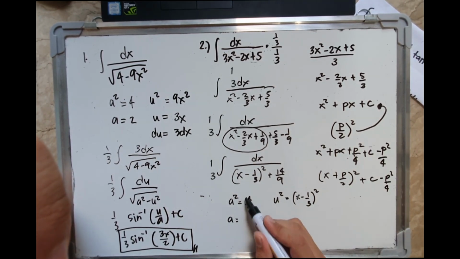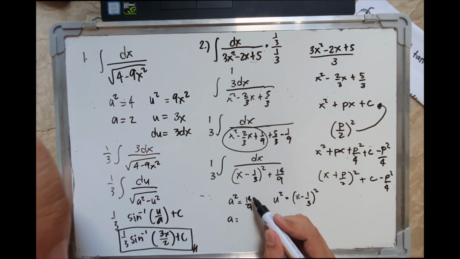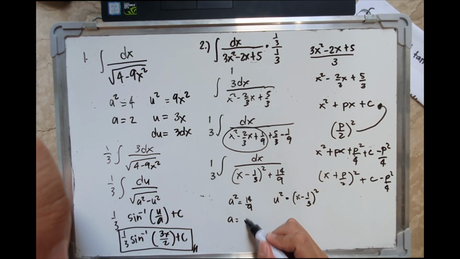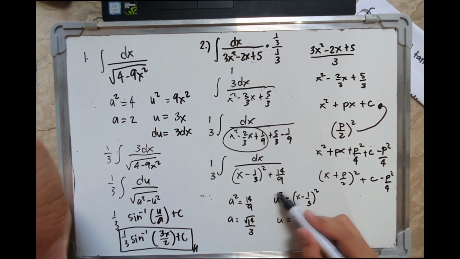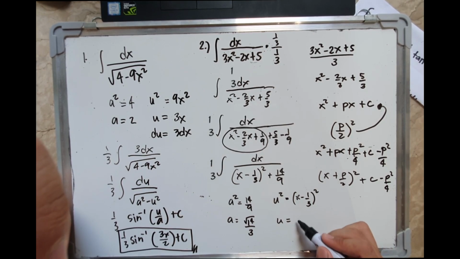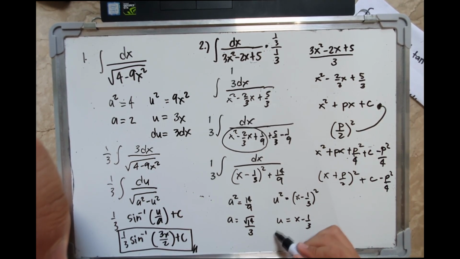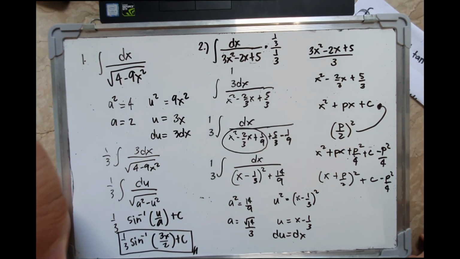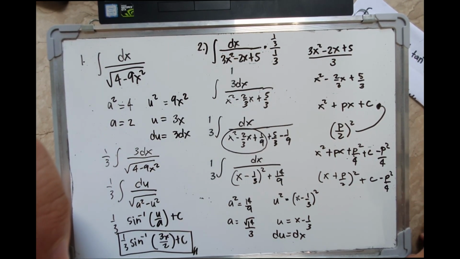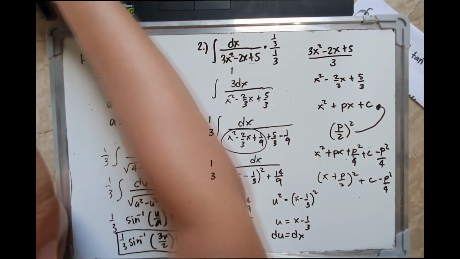The a is the square root of 14 over 9, so that is square root of 14 over 3. How about the u? Taking the square root, x minus 1/3. How about the du? That is dx.